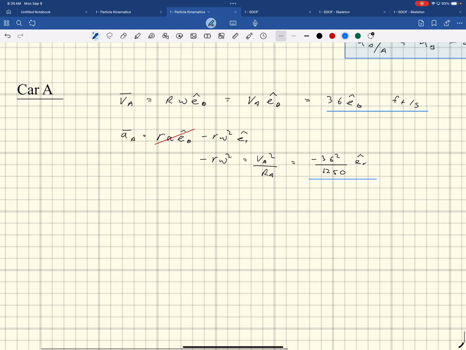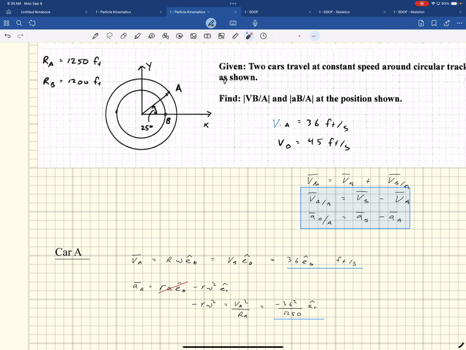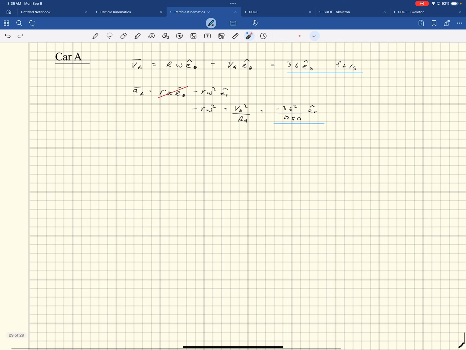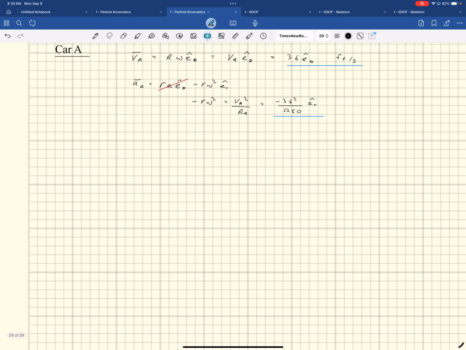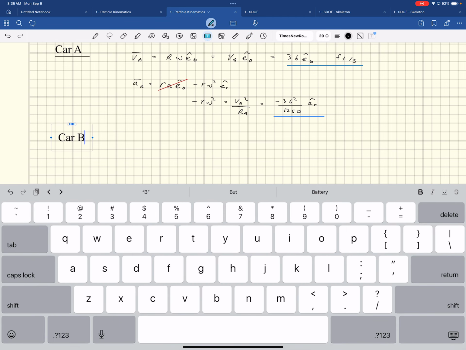Okay, that's the velocity of A and the acceleration of A. So this one's got no acceleration that way, but an acceleration back towards the center of V squared over r. Okay? All right. Now we'll look at car B.